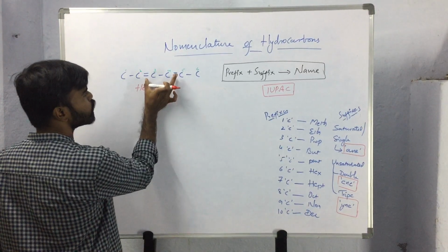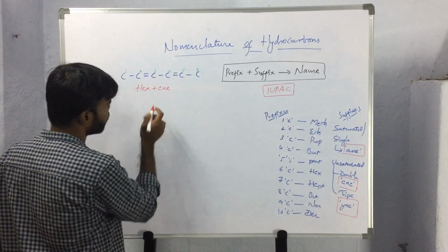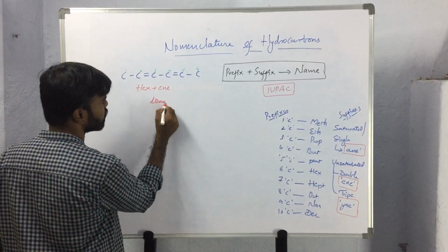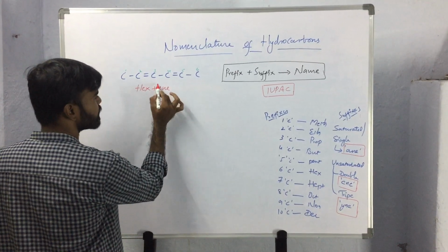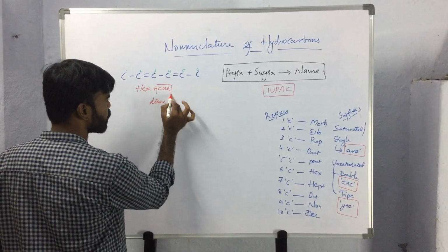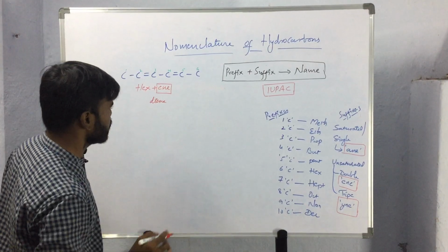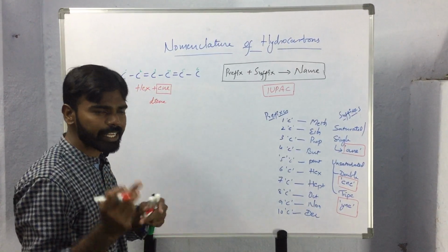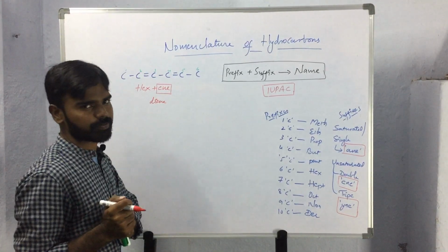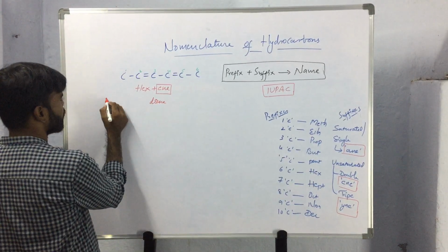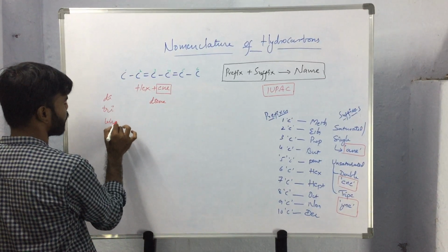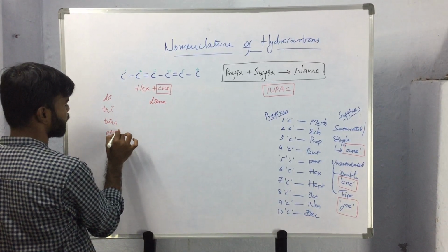To represent 2 unsaturations, we will be writing diene. That means for this suffix also, to represent the number of unsaturations present, we will be adding one more prefix, like di, tri, tetra, penta.